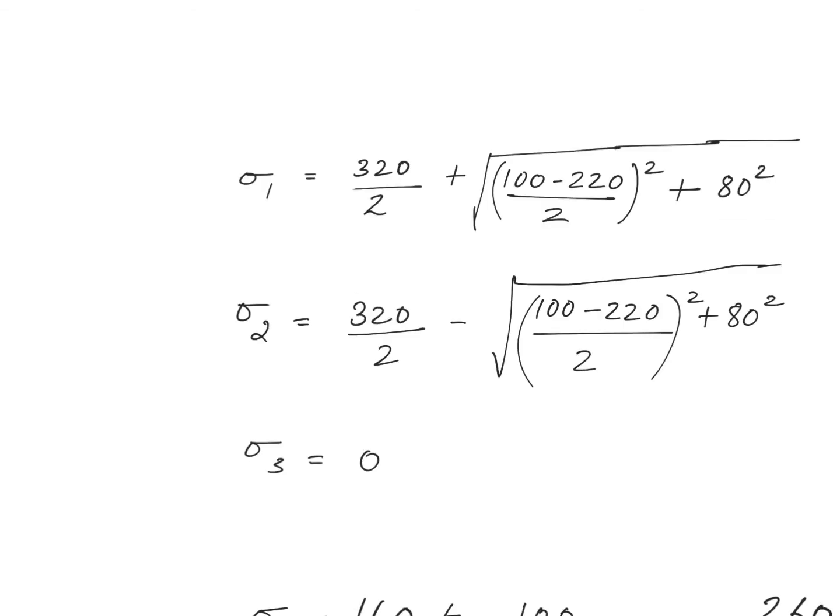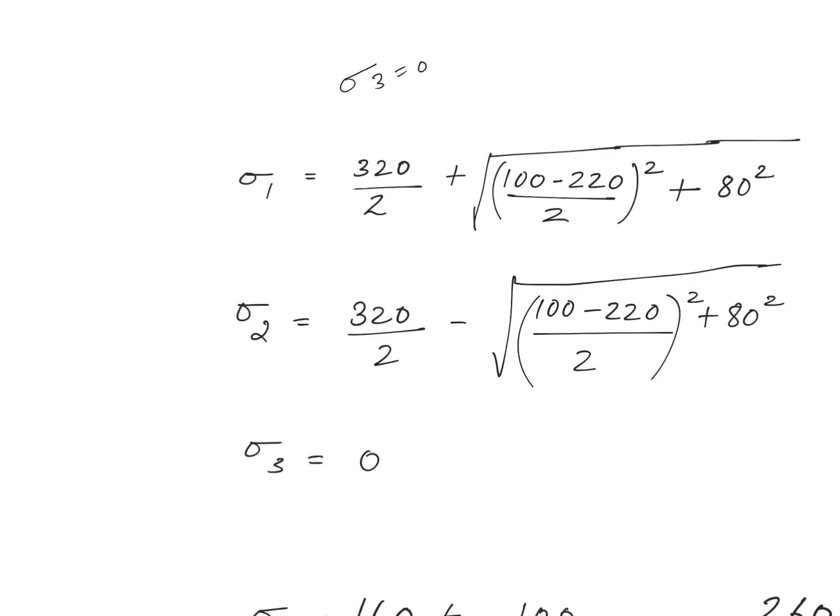So by using those two formulas I can arrive at an expression for the first two principal stresses. What about the next one? In a plane stress problem, the third principal stress is always 0. Why is it so?